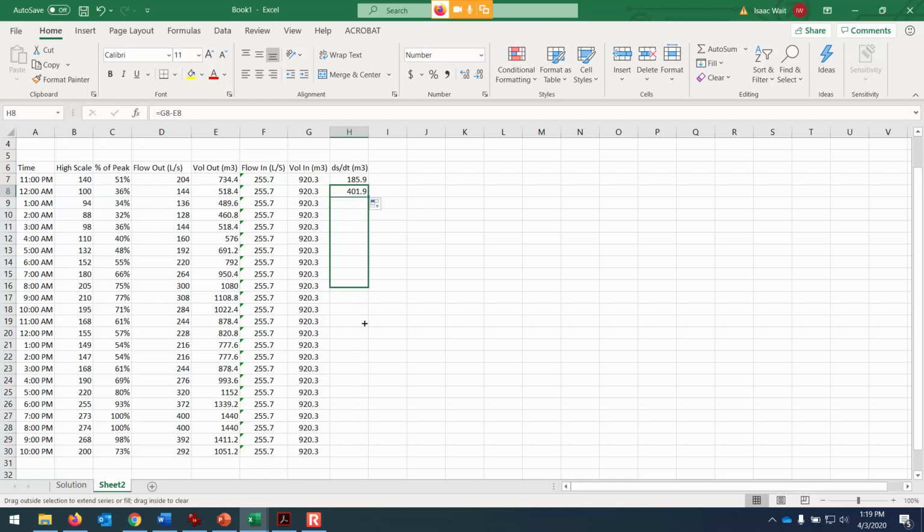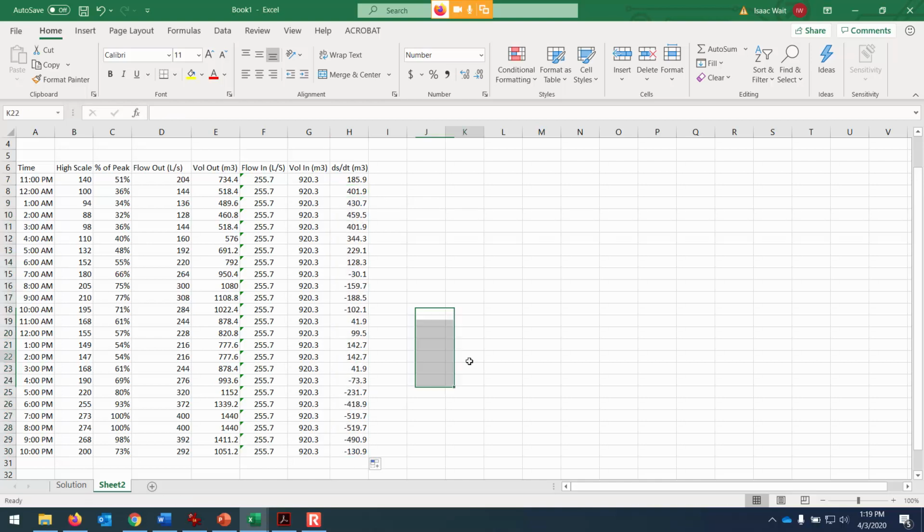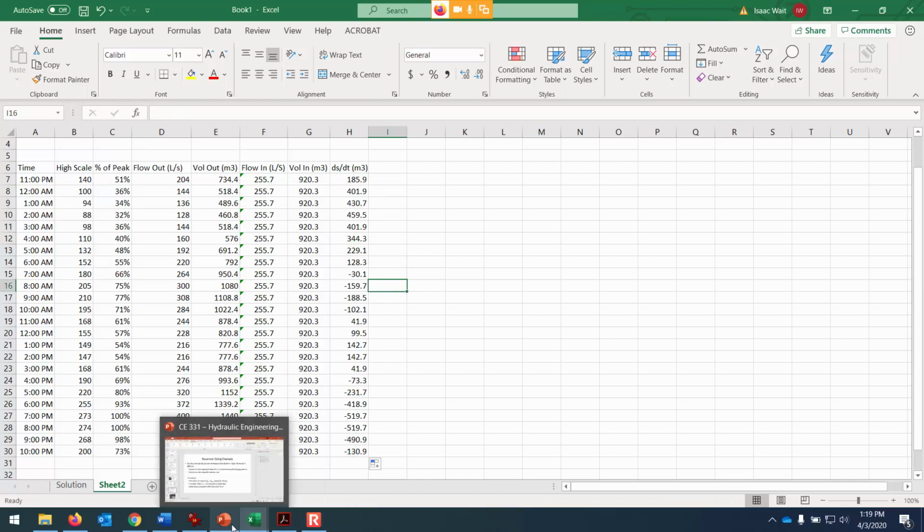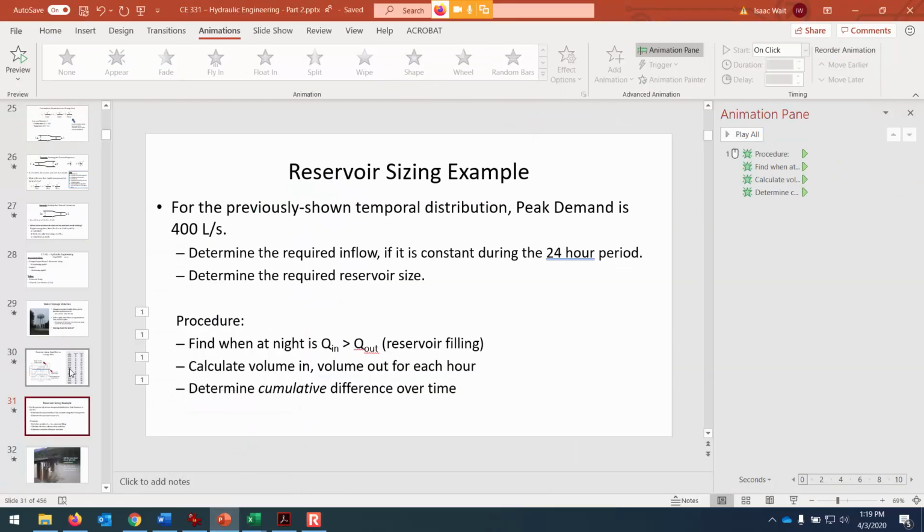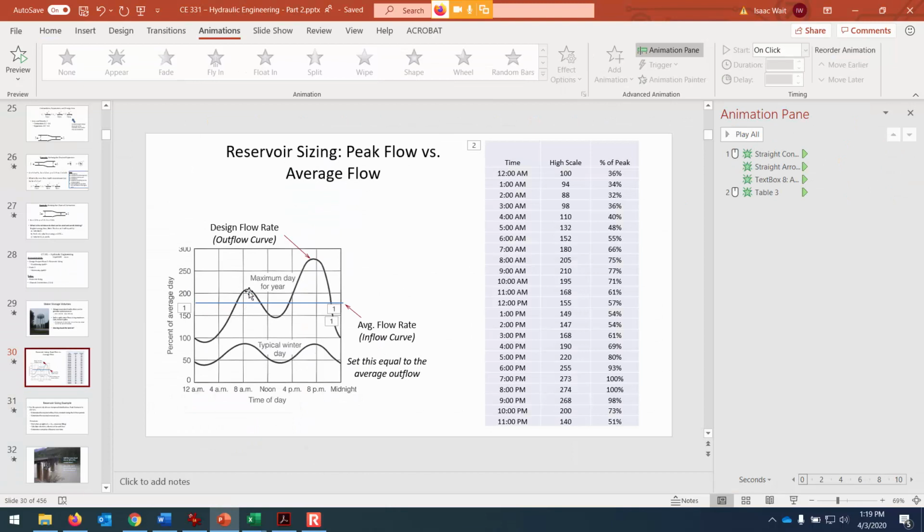So I can go down through the entire 24-hour cycle, and you'll notice that during certain periods of the evening and early morning hours, the reservoir is filling, but then during other periods of the day, the reservoir will be draining. And so let's look at that figure again. Anytime the demand is above the blue line, that means that there's more water being used by the city than the water treatment plant is producing.